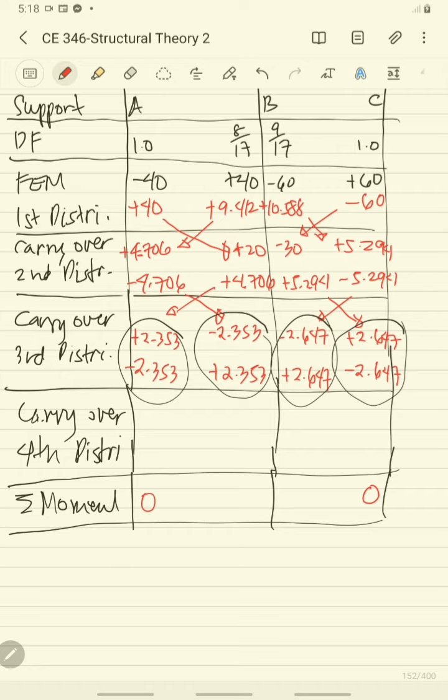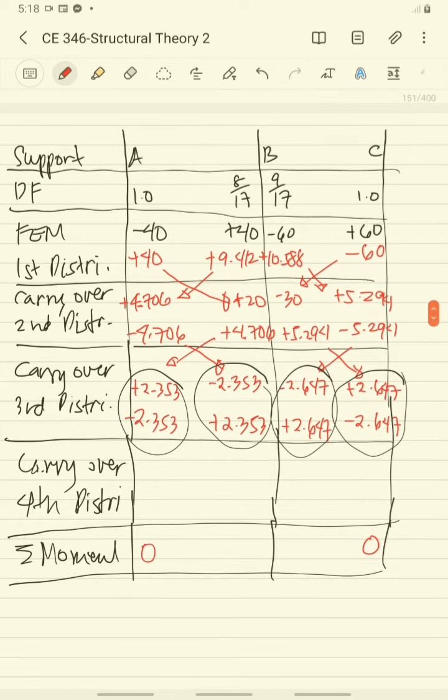So for B, we know that B has a moment. So we will add plus 40. So we have positive 40 plus 9.412 plus 20 plus 4.706 minus 2.353 plus 2.353. Okay, so the answer is positive 74.118.